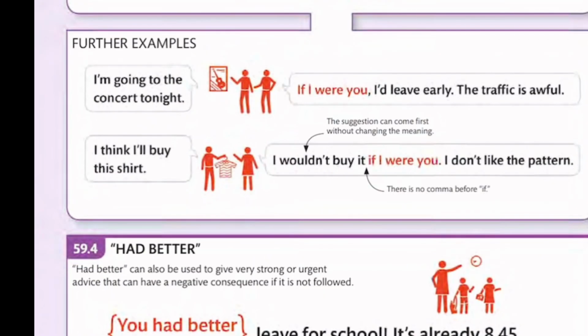I'm going to the concert tonight. If I were you, I'd leave early. That I'd leave early is the contraction form of I would leave early. That's one thing. Some people say they read but they do not understand.